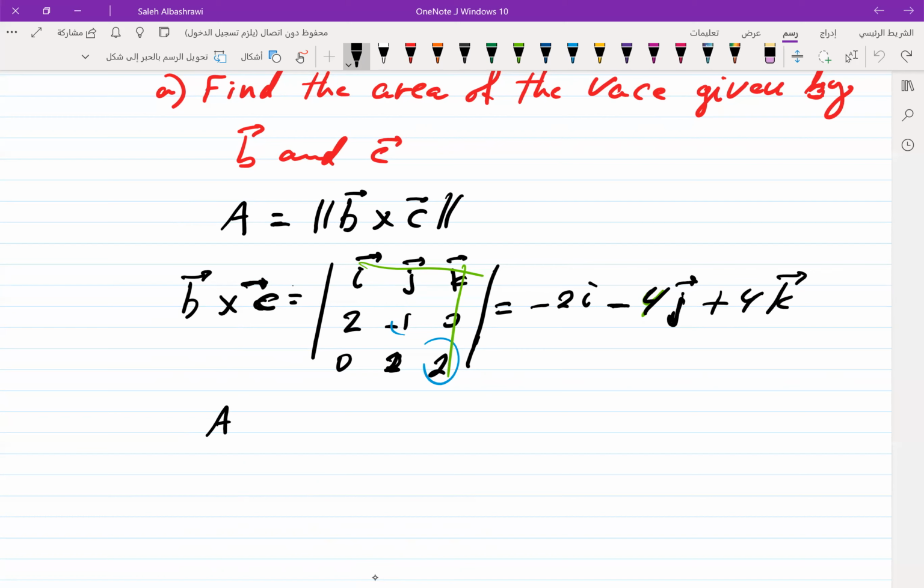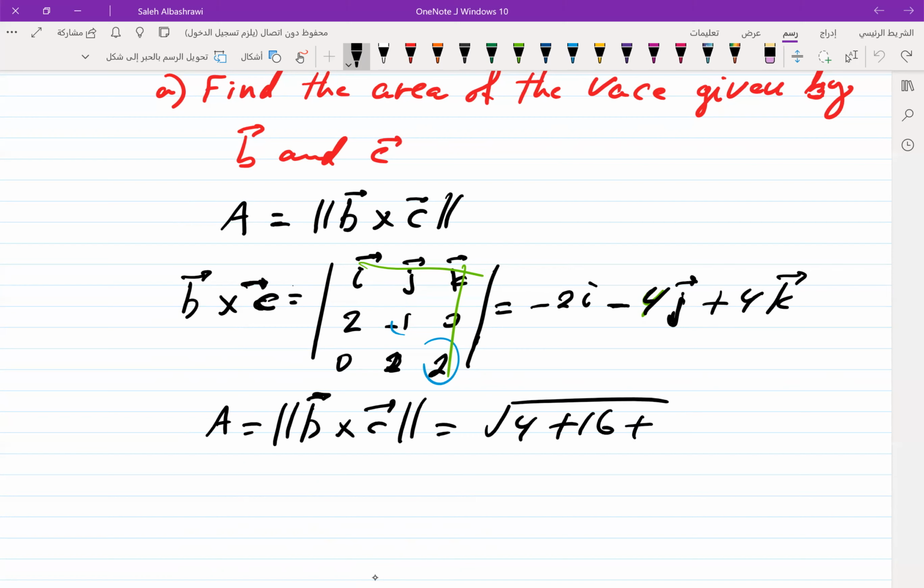This will give me the area equal to the magnitude of B cross C. That will be the square root of 4 plus 16 plus 16, which is equal to the square root of 36, equal to 6 squared units. So the area of this face is equal to 6 squared units.